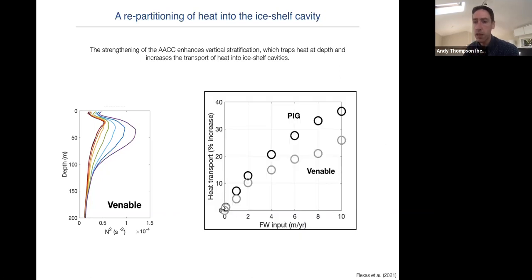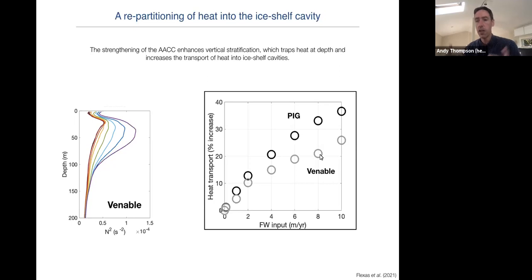And this is just the last plot to show that we can link the changes in freshwater input at the peninsula to the heat transport that is actually across the ice shelf face. So here we've drawn a section. This is for Pine Island Glacier.